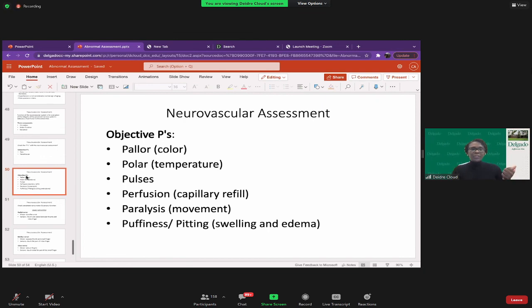You look at the color, the temperature, the cap refill, and can they move it? All of those things would tell me that this patient is probably perfusing. I just can't feel the pulse. I would get someone else to come and see if they can feel it, because 9 times out of 10, they probably have one, or you check the next pulse up, right? The nearest pulse to them. And if you still can't feel it and it makes you comfortable, then yes, get a Doppler.